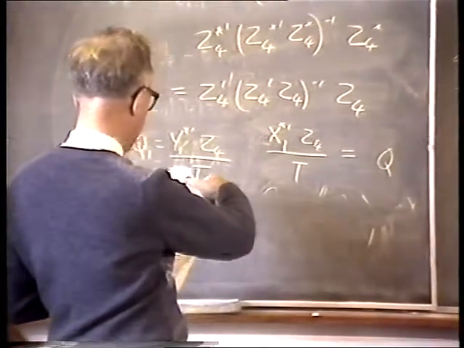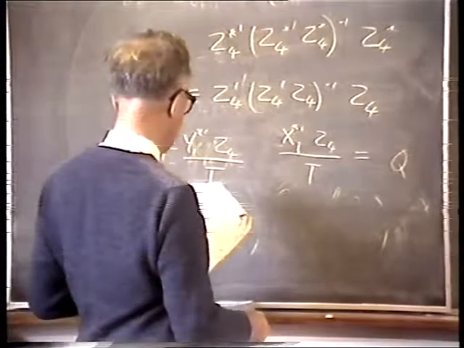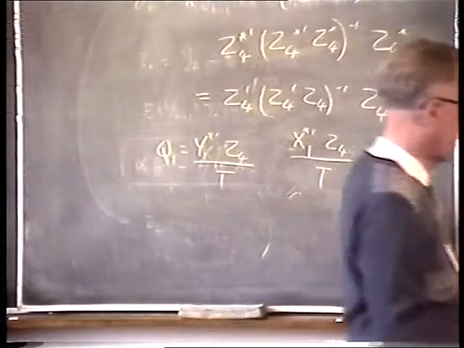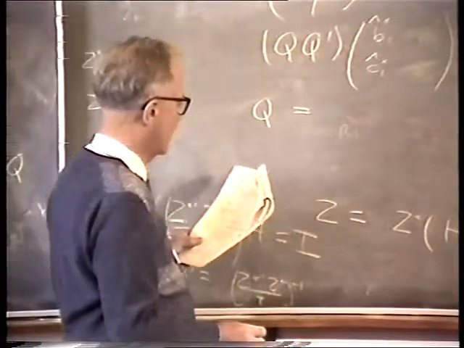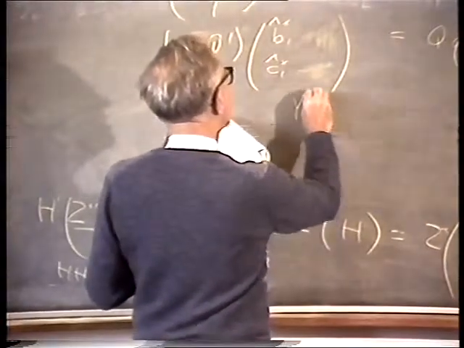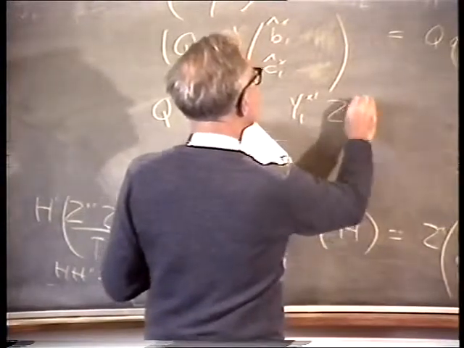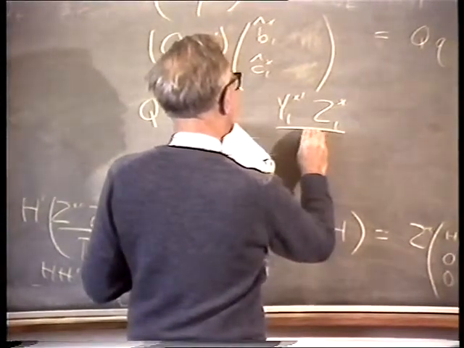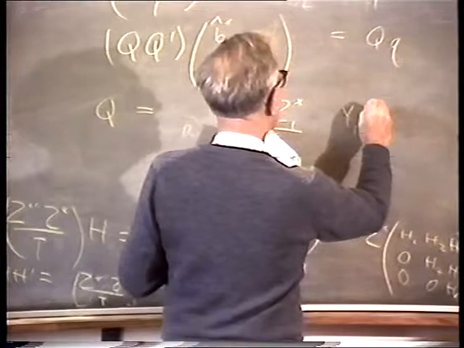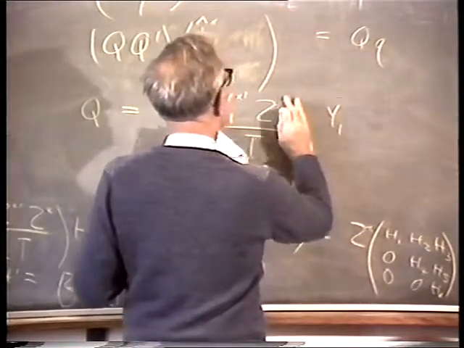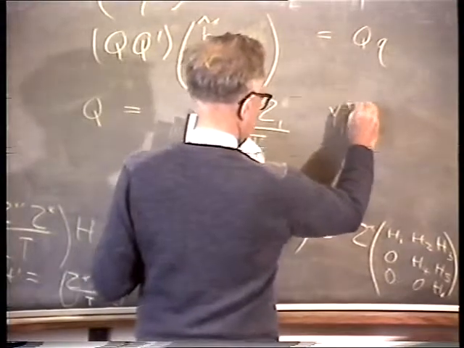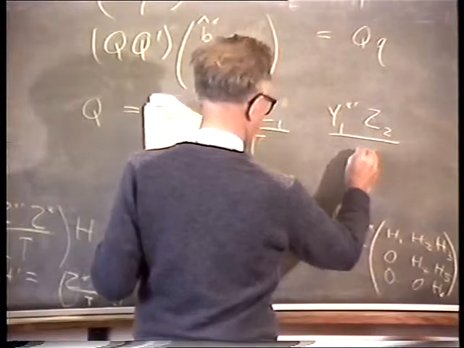And what I need to do actually is to notice the following about my Q. That is that we can write it in the form y1 star primed z1 star upon t, y1, yes, no star on the z1, y1 star primed z2 upon t.